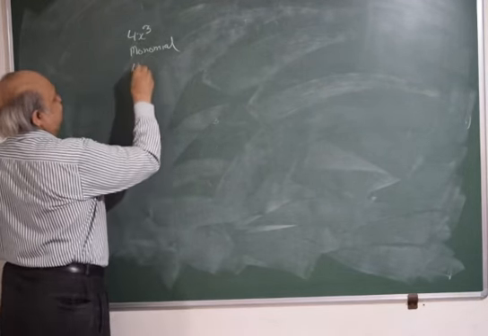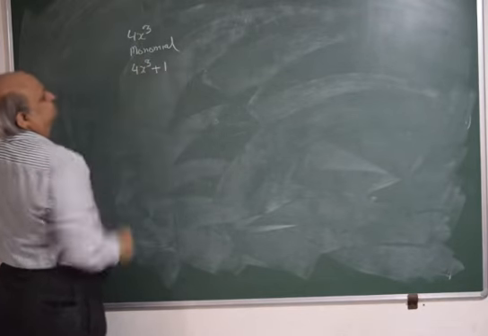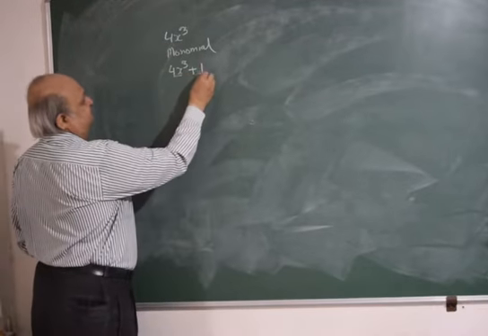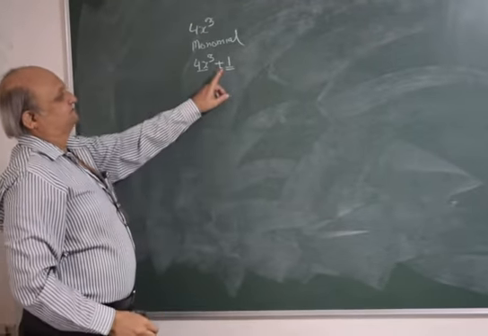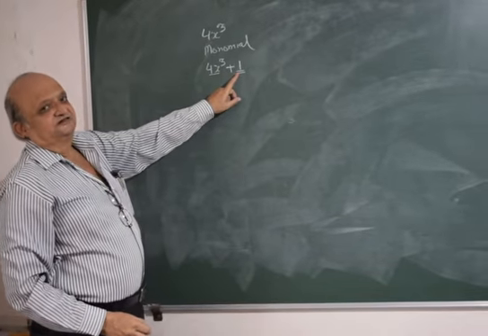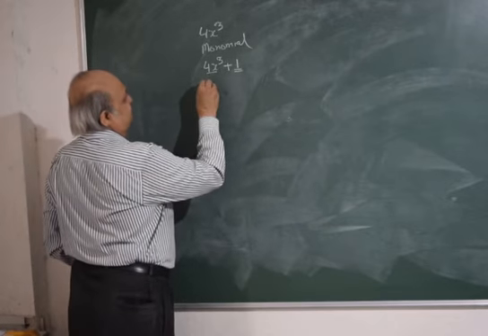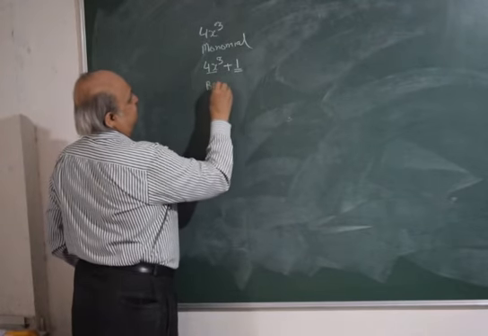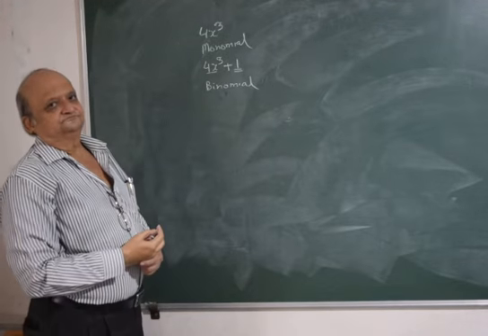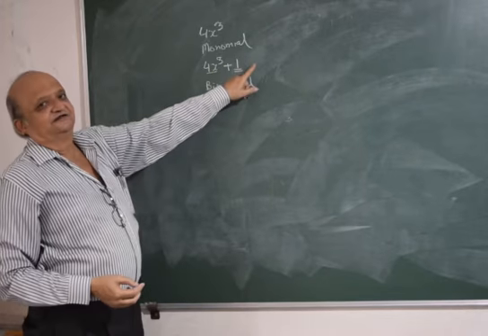Now let us add something to 4x cubed. So we have two terms, one here, and I just explained to you that you don't read this as 1, it is 1 into x raised to 0, and therefore it has two terms. Anything that has two terms is called binomial.